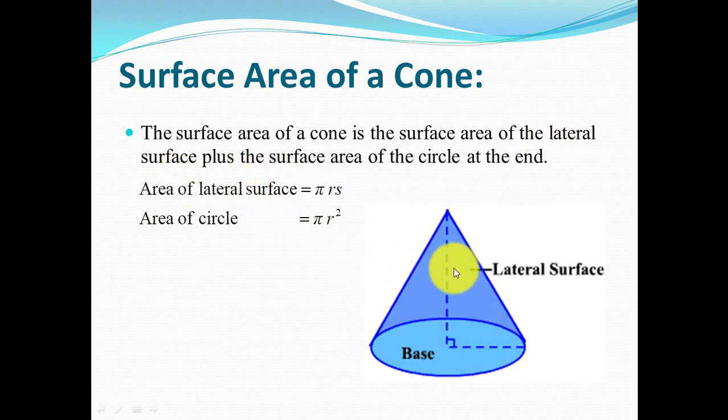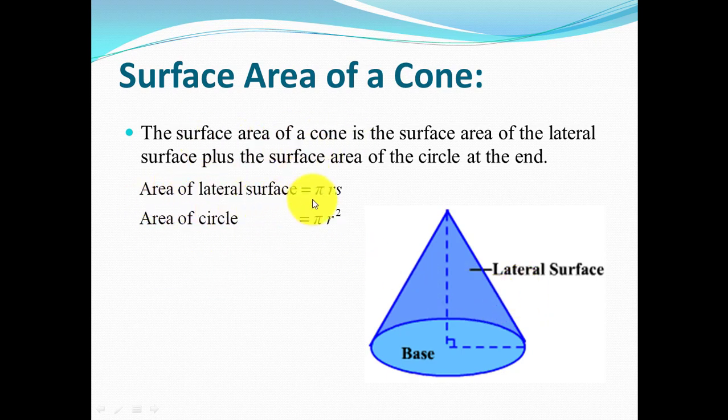What is the lateral surface? It is this one, where the circular region decreases as we move toward the vertex. Plus second, the area of the base circle. The area of this circle and the area of this lateral surface together give the area of a cone.